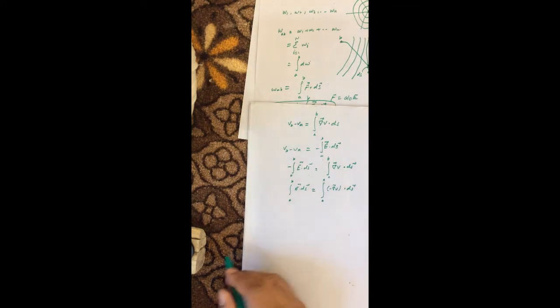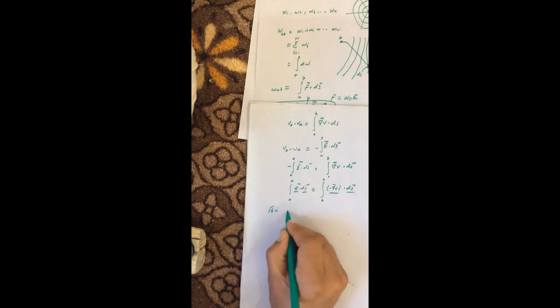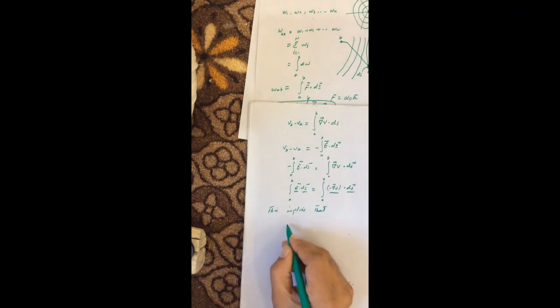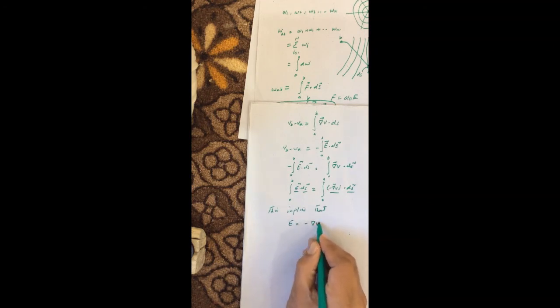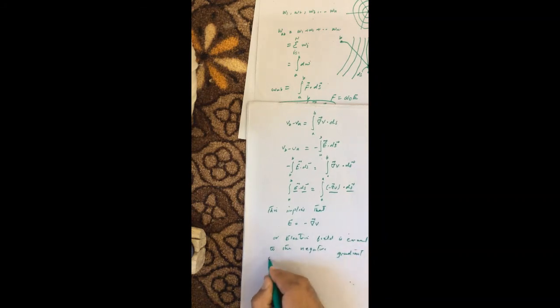Now these are both line integrals with the same ds, so this implies that E is equal to minus del V. We can say that the electric field is equal to the negative gradient of a scalar, and the scalar is the electric potential.